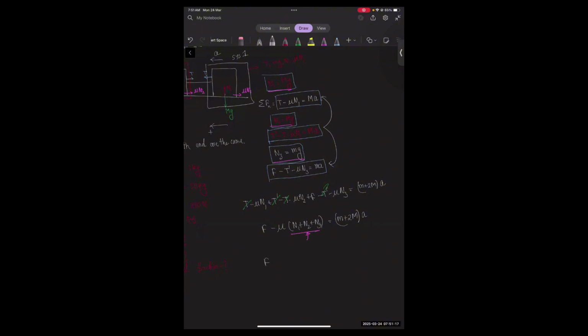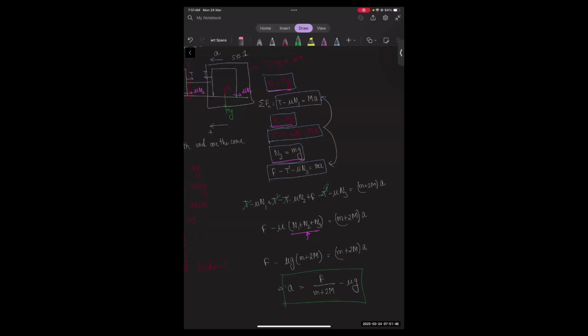That should give you f minus mu g into m plus 2m is equal to m plus 2m into a. Just solve for a. You'll get a is f divided by m plus 2m minus mu g. This is your acceleration.